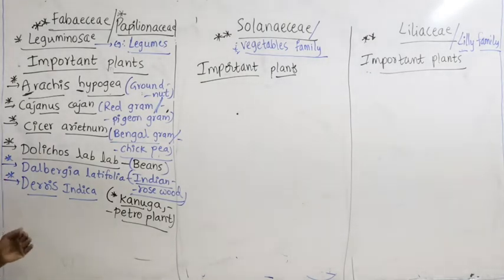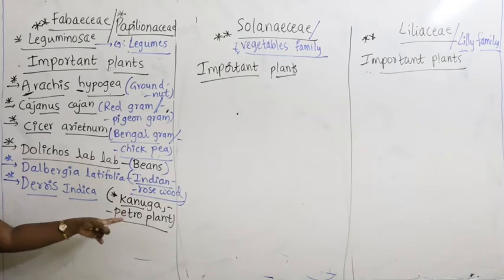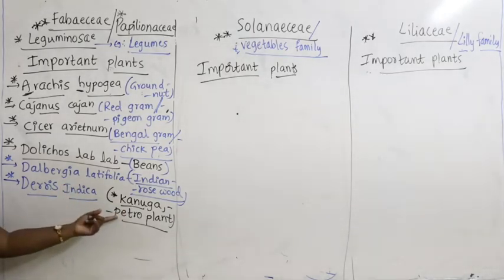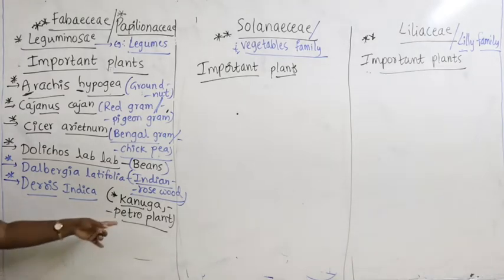Once again we will write the list of plants which are economically very useful. At the time we write Derris indica. Derris indica is a medicinal plant, most commonly and widely used in medicines. Commonly called Kanuga, widely used in the extraction of the petroleum compound. So even the plant has petroleum composition, so the plant itself is also called petroplant.